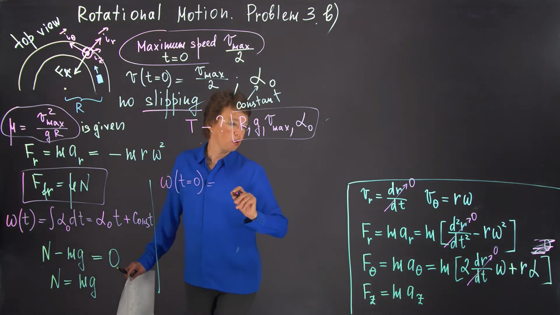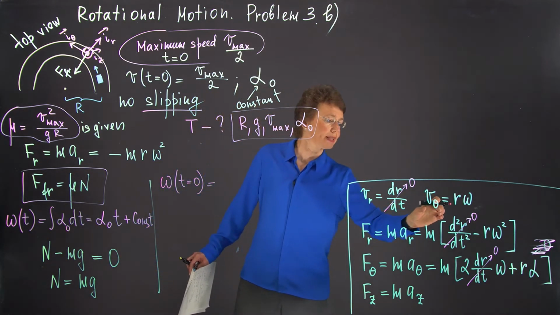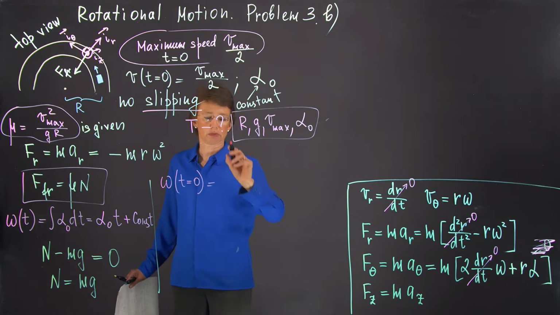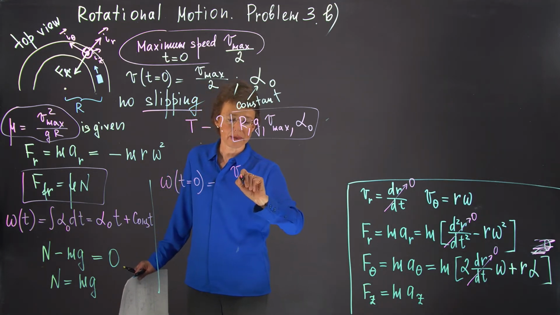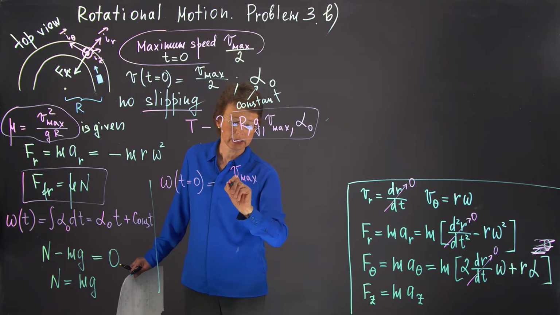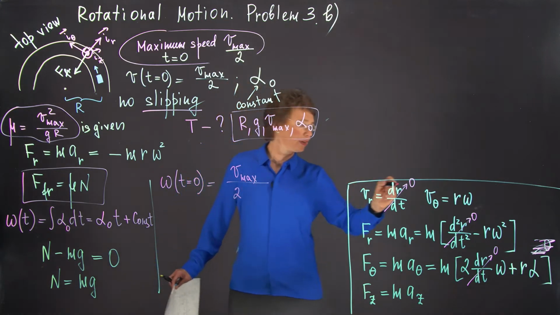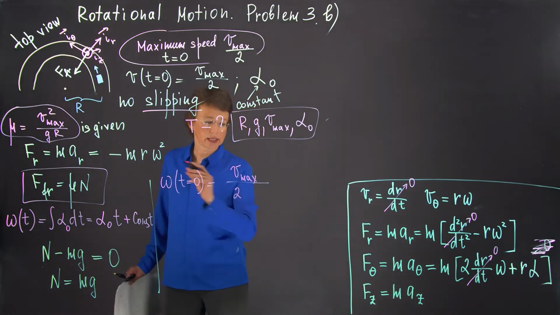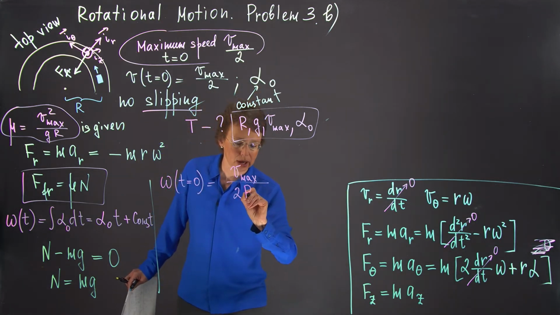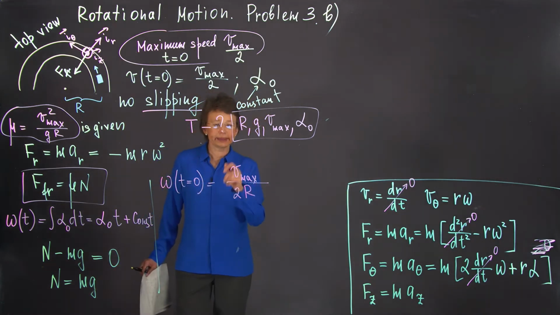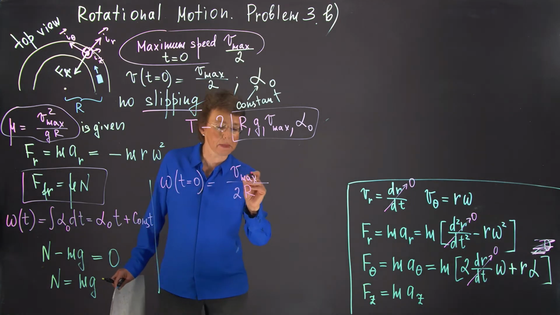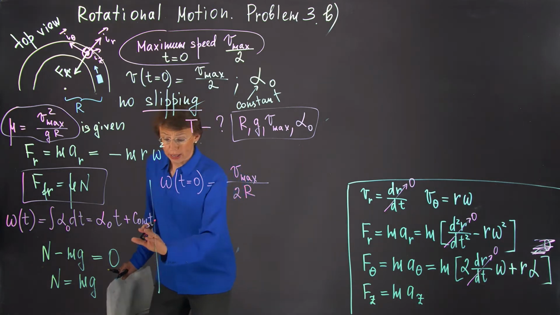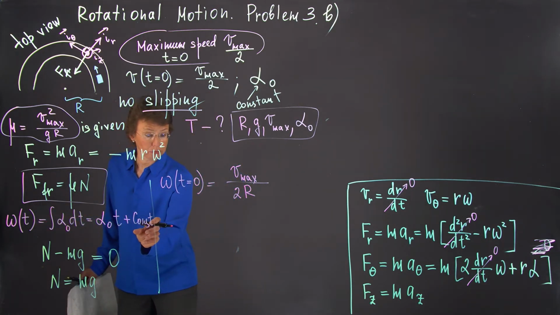It is the velocity at time moment 0, which is v max over 2, divided by r. What is r? It is a given quantity, capital R. So omega at time moment 0 is v max over 2r. Now, I know this constant.